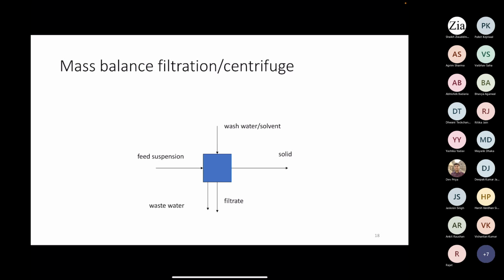Similarly, particularly for upstream and downstream operation, you can have filtration, centrifugation for separation. So if you have a mixture of different components in your raw material and you need to concentrate a specific component, then you can use filtration based on their size. So filtration is actually a mechanical separation based on size, and centrifugation is again based on density.